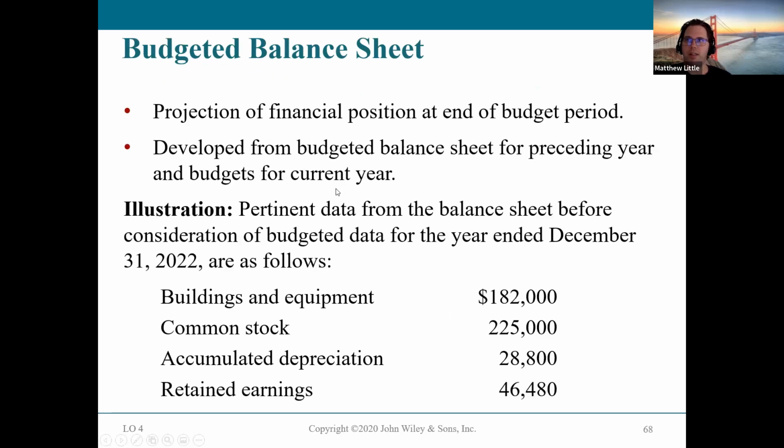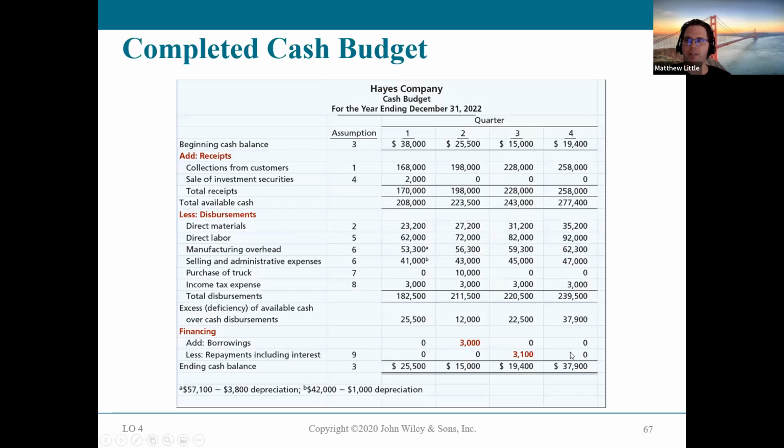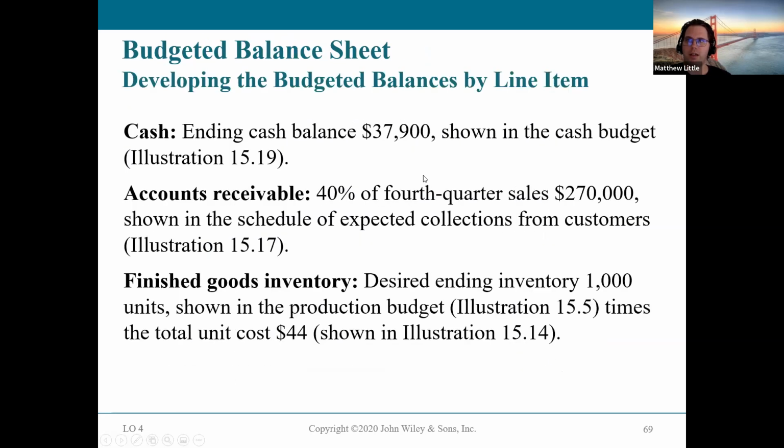So with the ending cash balance, if we go back a couple, 37.9, so that ties. AR, we're going to assume 40% of the fourth quarter sales, which ties in with our cash collection. Remember, it was a 60-40 split, so 40% of the fourth quarter sales. Our finished goods inventory is our desired ending inventory from earlier in the lesson, 1,000 units, $44 per unit.